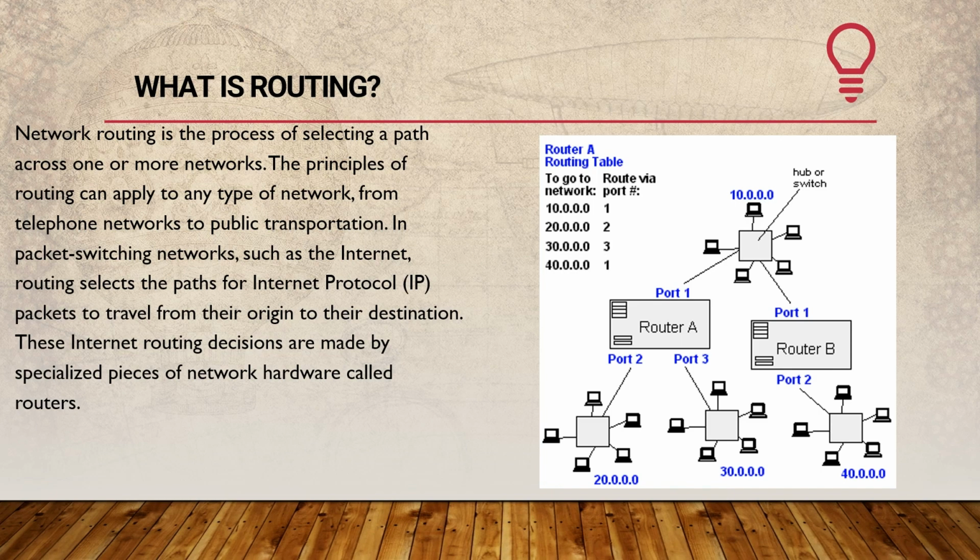There are multiple paths available to reach Delhi from Chennai, where I need to choose the best path among them to reach my destination. My source is Chennai, my destination is Delhi. The process of selecting a path, we call this routing.